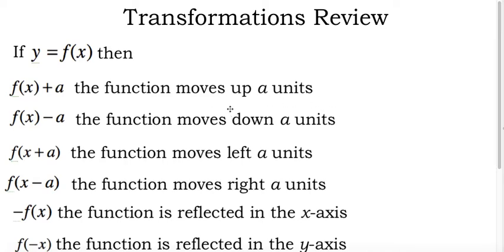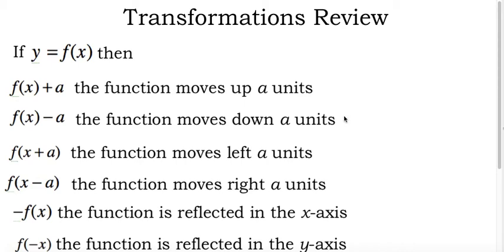They don't have to be exactly the same words, but the idea of the transformation should be the same. So if we add a, the whole function moves up a units. Now this is important for the exponential function because the asymptote is part of that function. So if the whole graph moves up, the asymptote must also move up. Here, for the minus a, the function moves down.